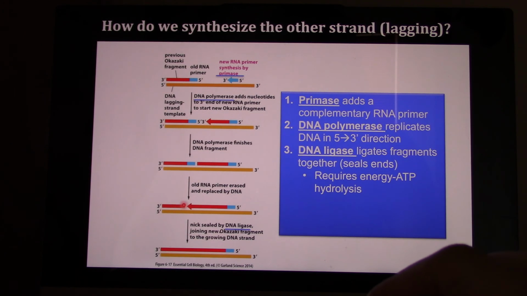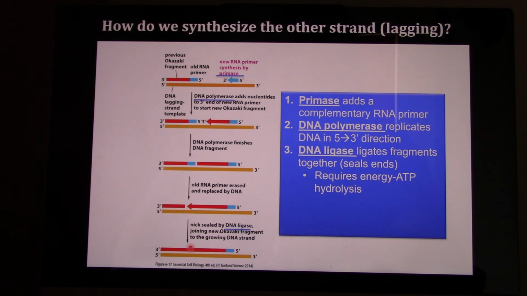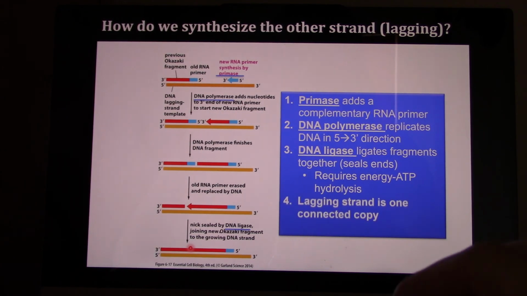Now we've got to seal these two DNA strands together on the Okazaki fragment and join them together. So this is the lagging strand; the Okazaki fragments are what compose the lagging strand. The lagging strand ends up being one connected copy as we continue to remove those RNA primers and replace them with DNA.